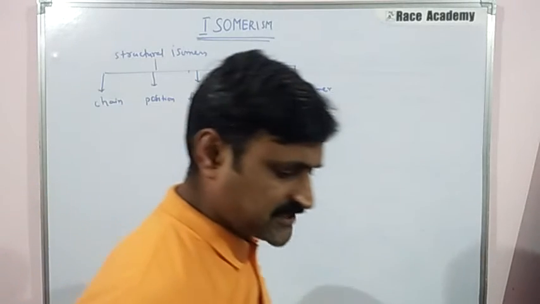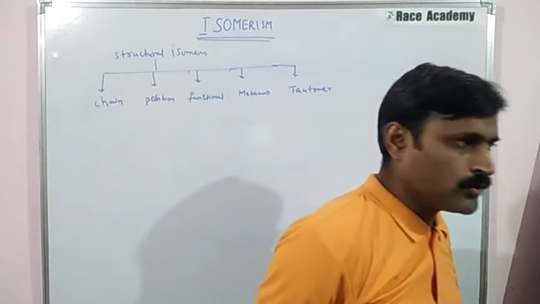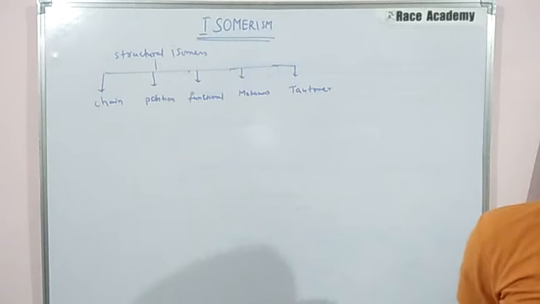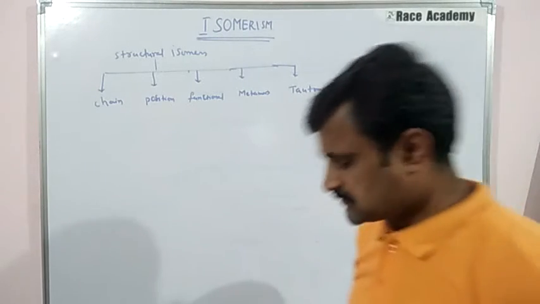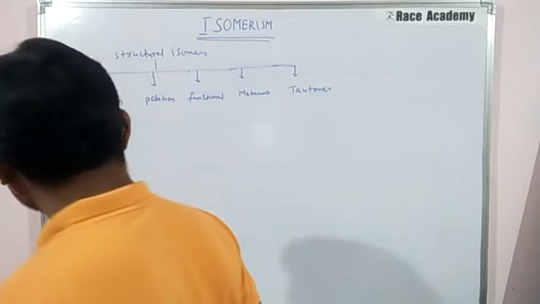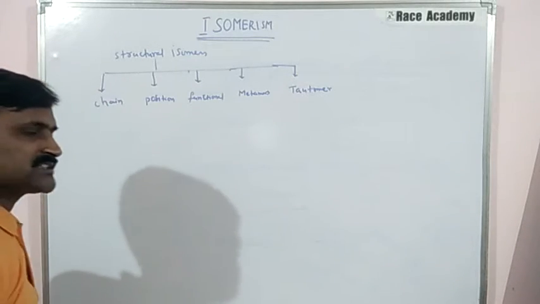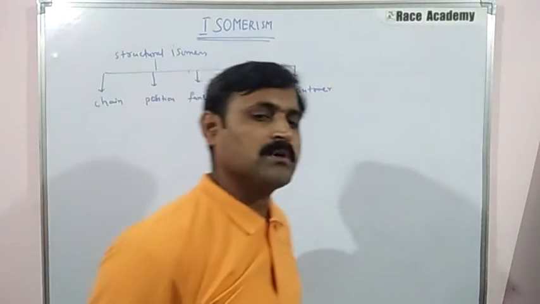There are different kinds of structural isomers on the board. We wrote that the first one is chain isomers, the second is position isomers, the third is functional isomers, the fourth is metamers, and the fifth is tautomers.